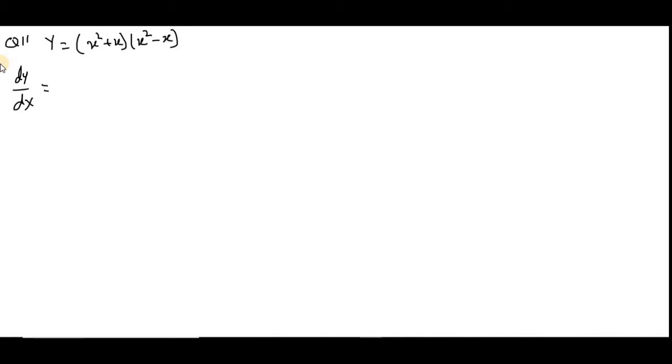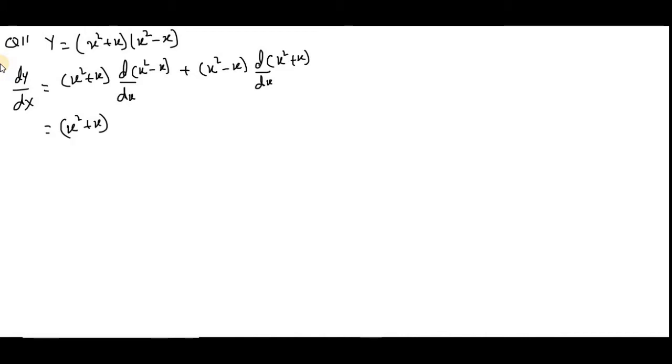This time I am not going to write the formula, rather just simply putting the values in the formula for the differentials. x square plus x d by dx of x square minus x, plus x square minus x and d by dx of x square plus x.